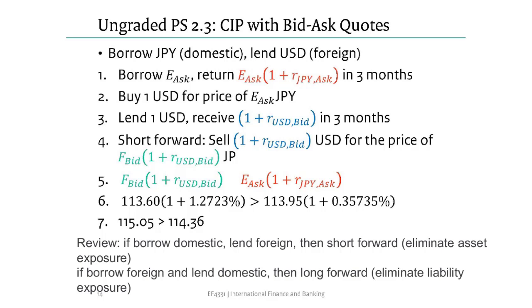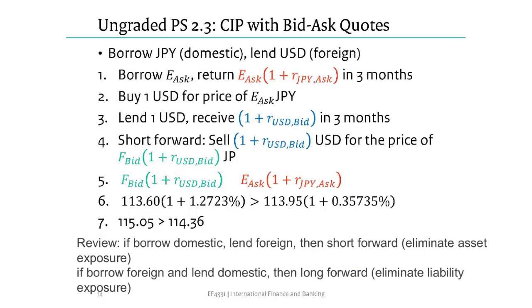When you do it this way, in this case, when you're borrowing domestic and lending out foreign, you're eliminating this return here, this exposure here.